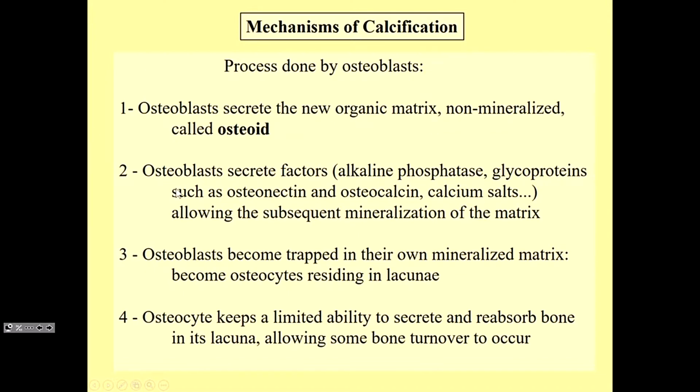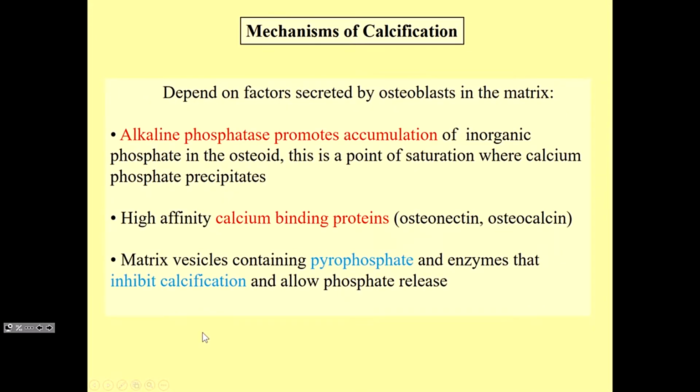And then, of course, eventually the osteoblasts secrete so much osteoid they become surrounded and trapped by it, whereupon we recognize them as osteocytes residing in lacunae, okay? And then the osteocytes we know have limited capacity for deposition and reabsorption because they're trapped now in the compact bone. Factors that contribute to calcification: alkaline phosphatase promotes accumulation of the inorganic phosphate in the osteoid.